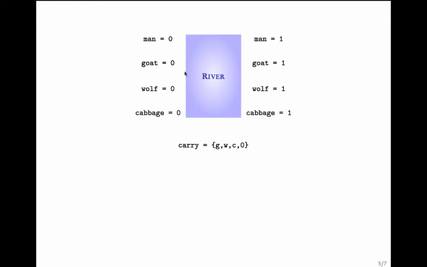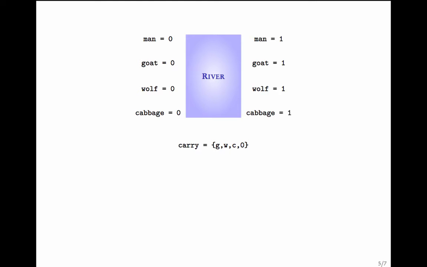So we want to model the fact that the man is carrying the goat by saying that carry is G currently. If the man is not carrying anyone in his journey, then it is denoted as 0. These are the variables.